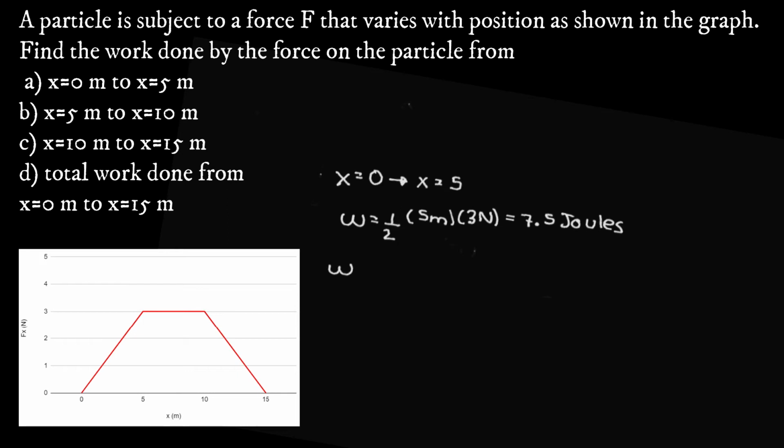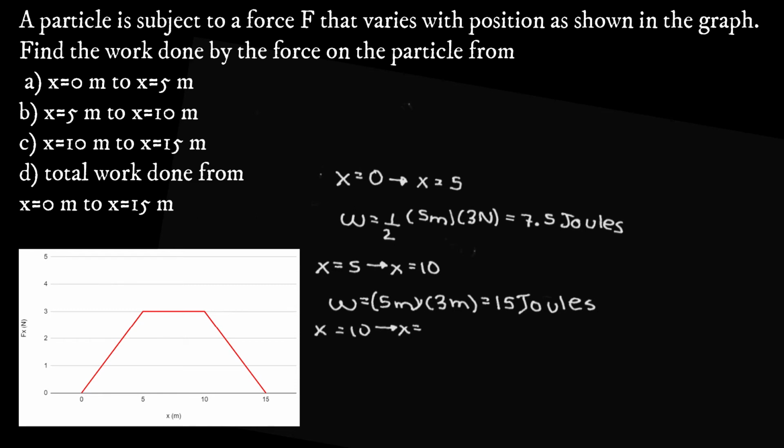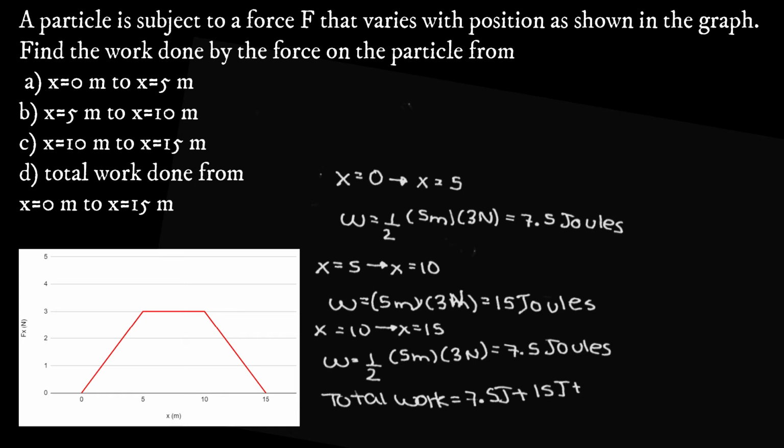Then the work done from x equals 5 to x equals 10 meters, since it is just a rectangle, is equal to 5 meters times 3 newtons, which is 15 joules. And for the last bit, from 10 meters to 15 meters, it is the same triangle as in the beginning, so again 7.5 joules. Adding the three totals will give us the work done from 0 to 15 meters, which is equal to 30 joules.